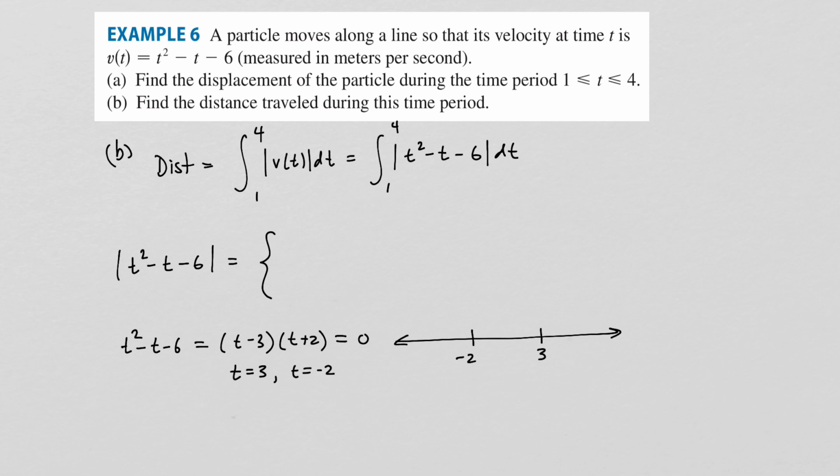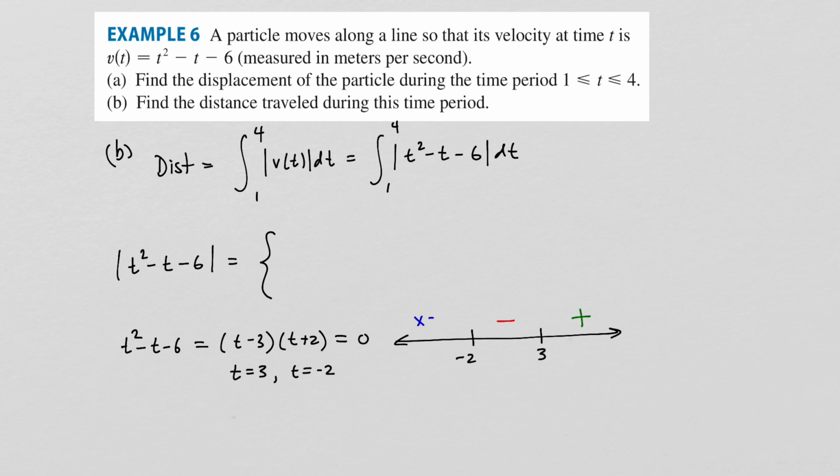So I'm going to say that that function is positive if t is bigger than 3. If you plug in a number between negative 2 and 3, such as t equals 0, you will get negative 3 times 2, which is a negative number. It's negative 6. And what that means is that this function is negative for all values of t between negative 2 and 3.